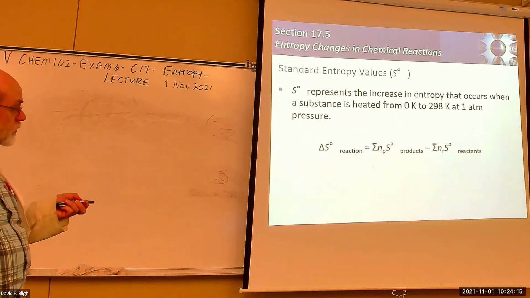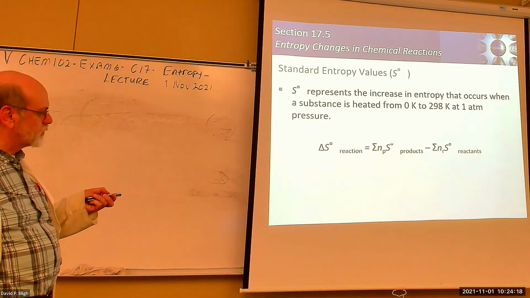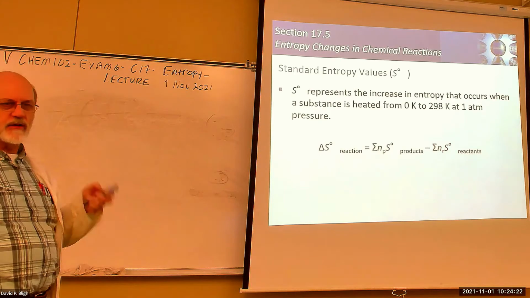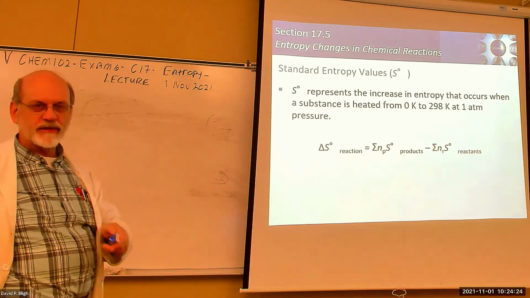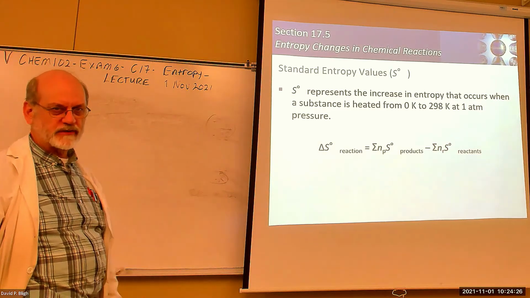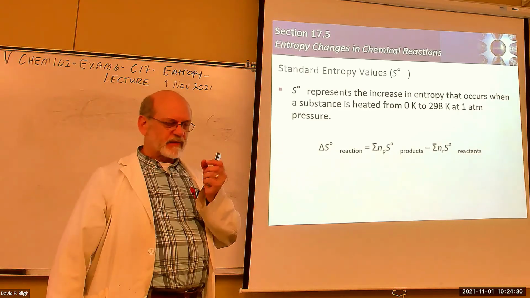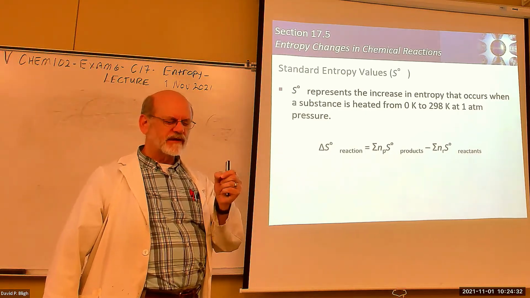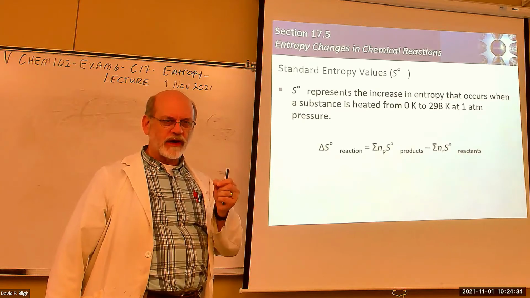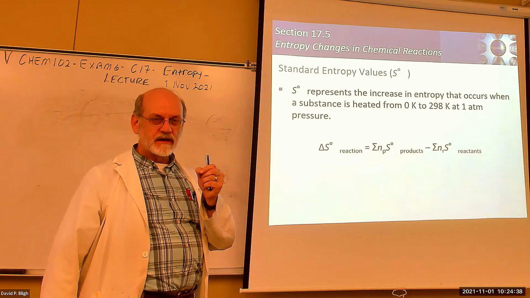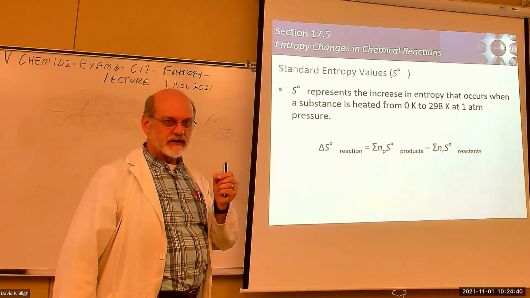So if we know the standard entropies of the products, then we subtract the standard entropies of the reactants, just like we did with enthalpies. We do the same thing with entropies. Only the standard enthalpy of an element in its most stable form at 1 atmosphere and 25 degrees C, that's the delta H 0.